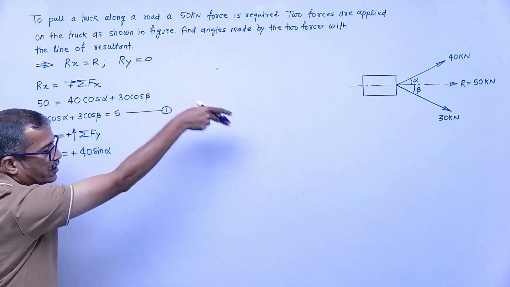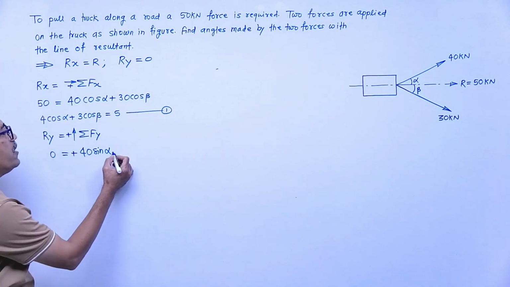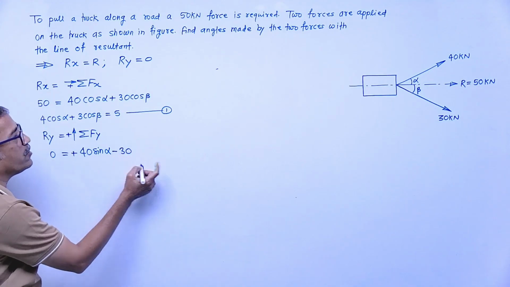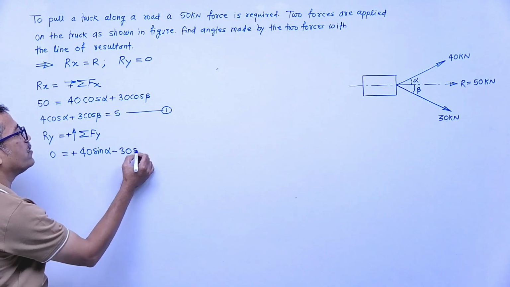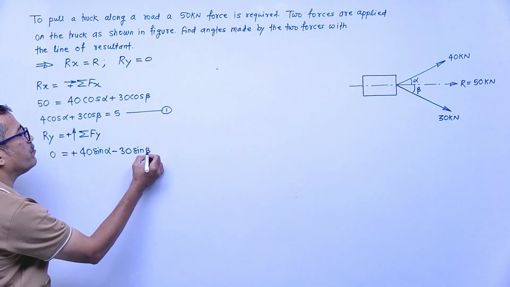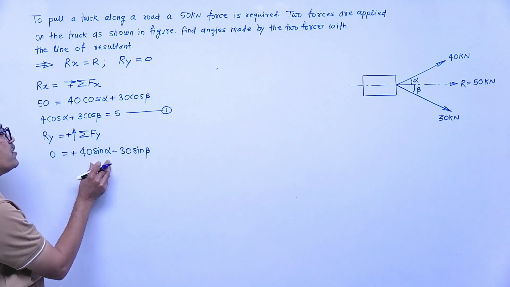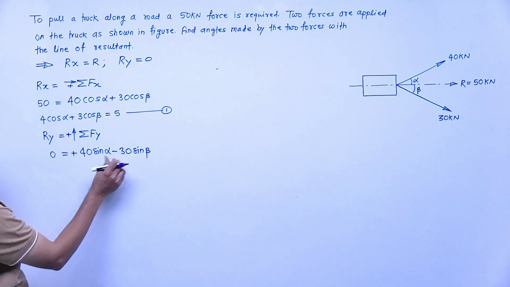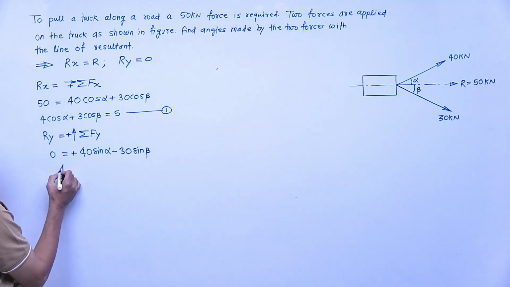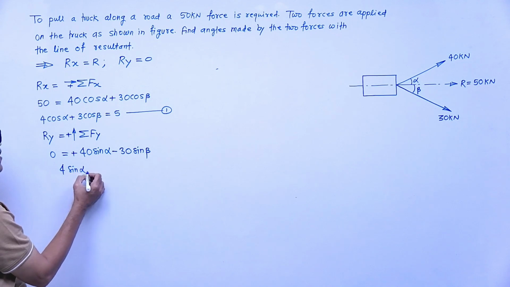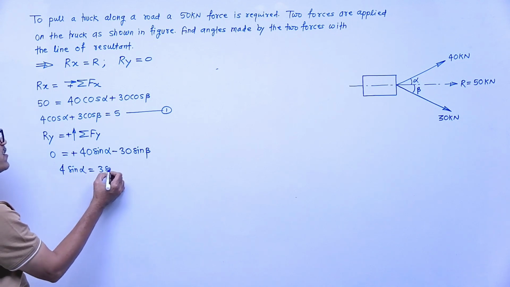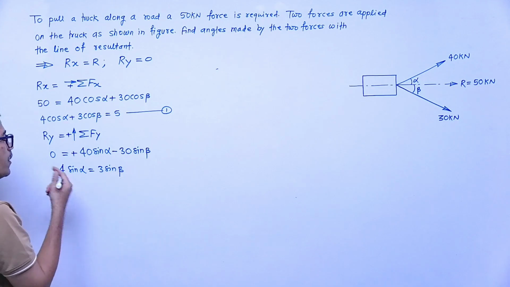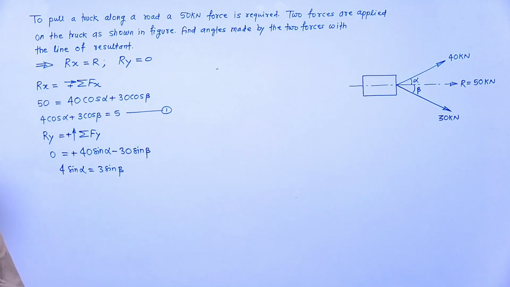Component of 30 is downward: minus 30 sin beta. Can I say 40 sin alpha equal to 30 sin beta? Means 4 sin alpha equal to 3 sin beta. Say equation number 2.